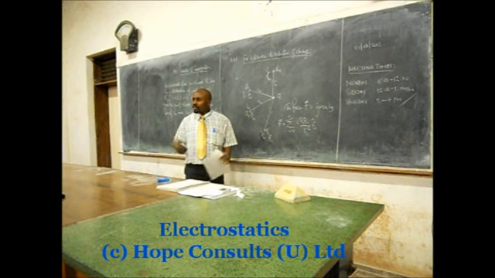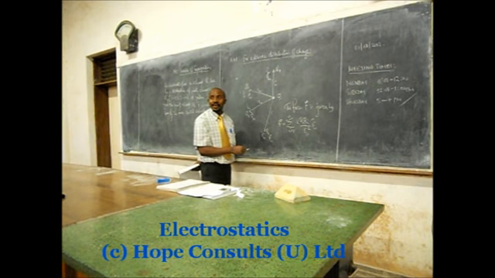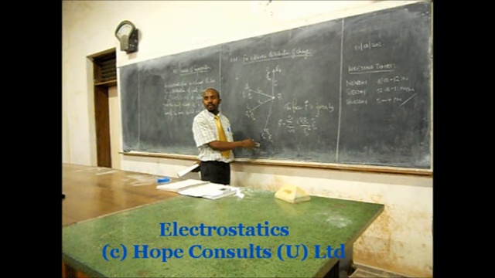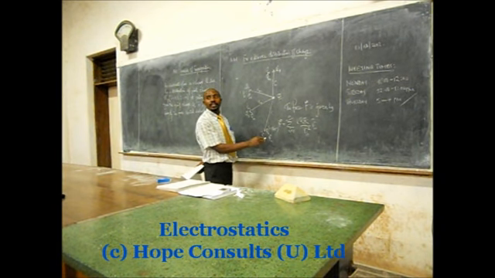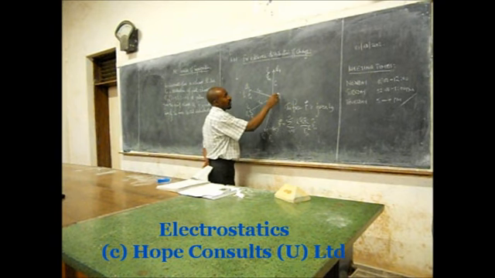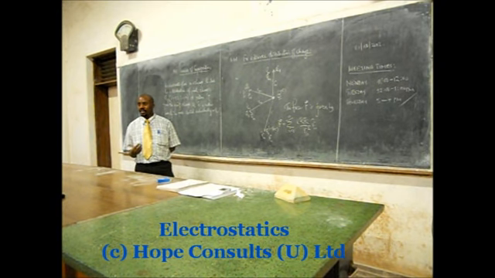Now, what if this was attracting this one? Because I'm not having any value on Q1, and I'm not having any value on Q0, okay? So, assuming this is minus 1 times 10 to the power of, let's say, minus 5 microcoulomb, and maybe this is 1 microcoulomb. I don't know whether you understand my emphasis.